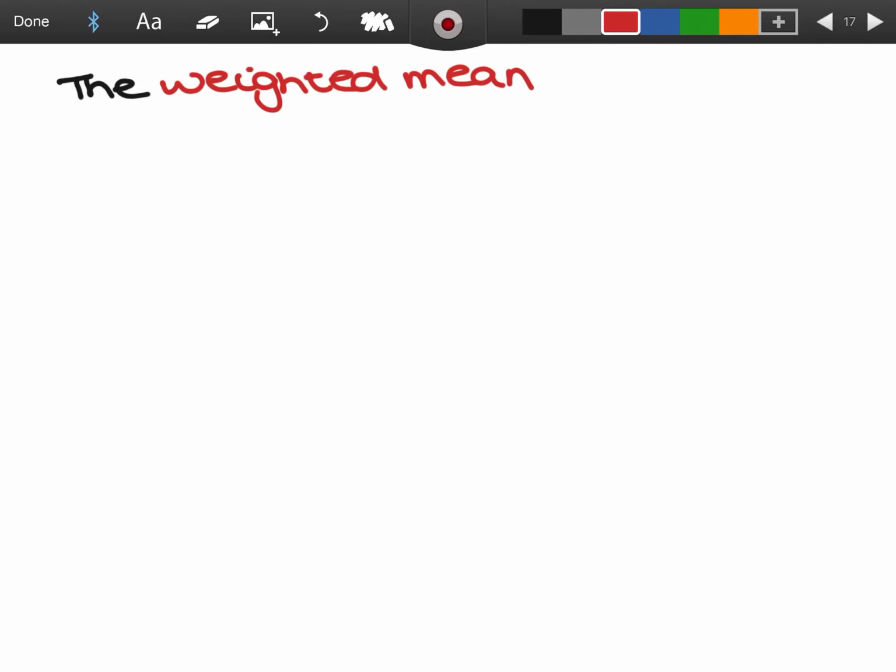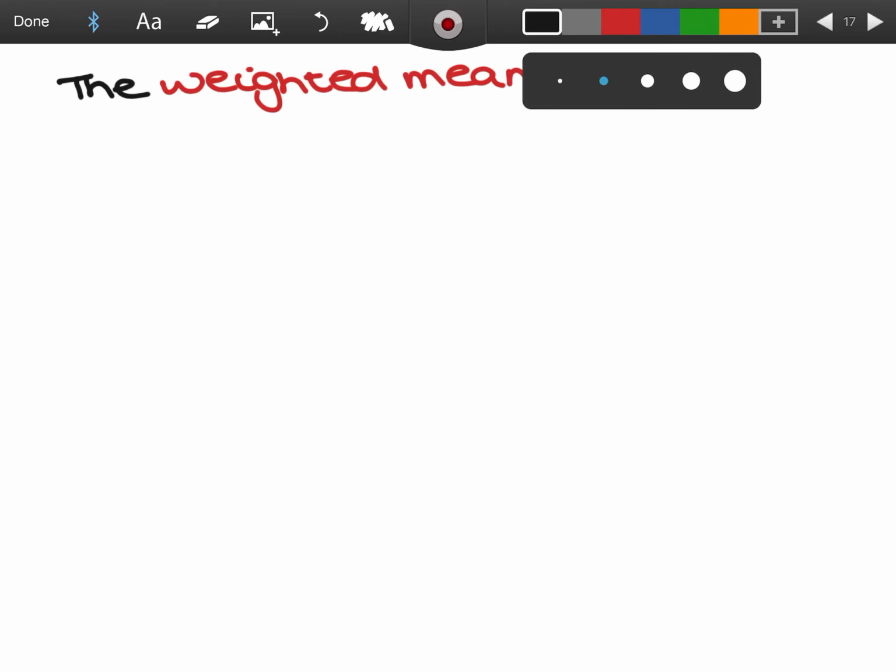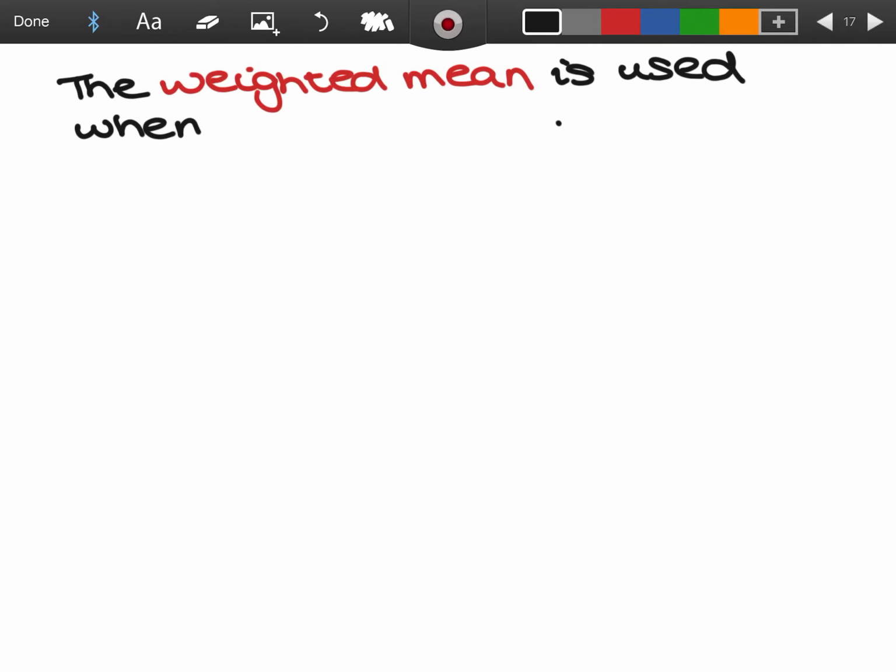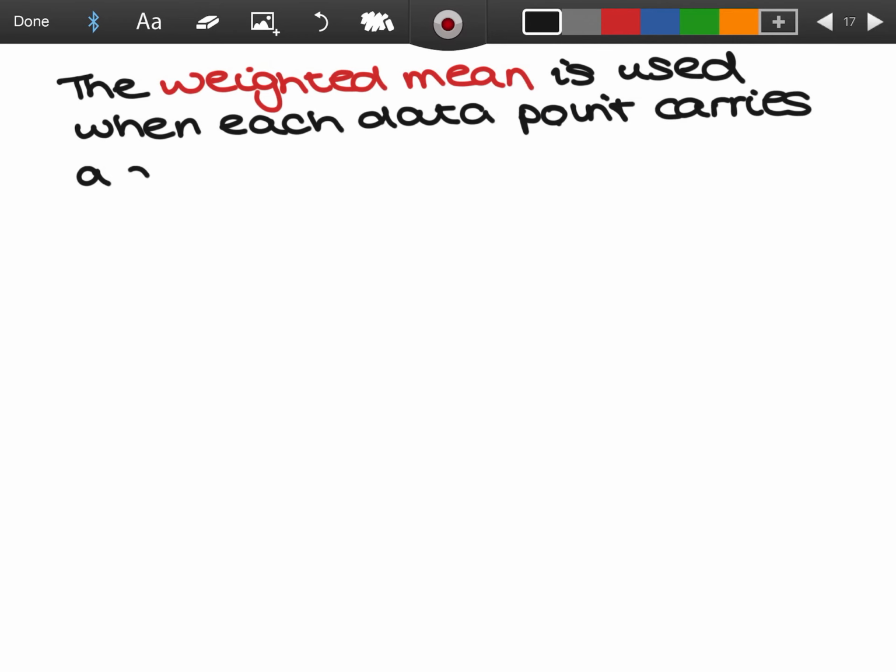Each one of these has a different weighting depending on how important that assignment is. That's the classic example of a weighted mean, and the way that you calculate it is slightly different to how we did it before. So the weighted mean is used when each data point carries a different level of importance.